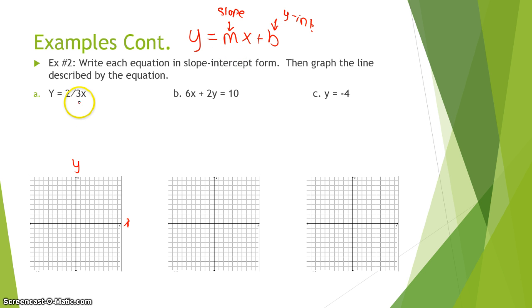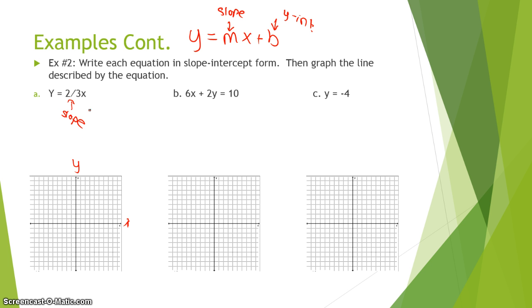Looking at A, is it in the form of y equals mx plus b? It is, so we don't have to put this in the slope-intercept form. It's already in that form. Notice they're not giving me a b, so we can just think that's plus 0. How can we graph this equation based on what's given to us? Remember, my slope is with x, my rise over run, so 2/3 is representing my slope.